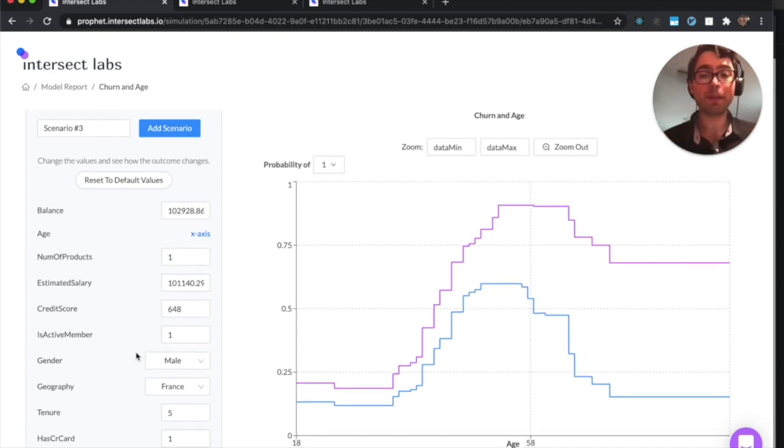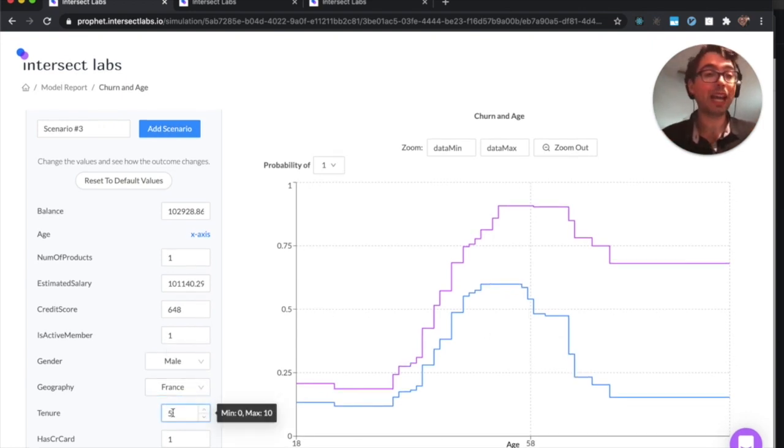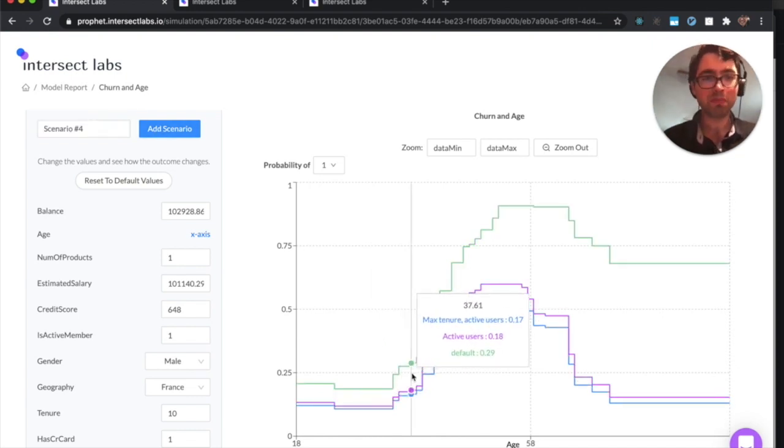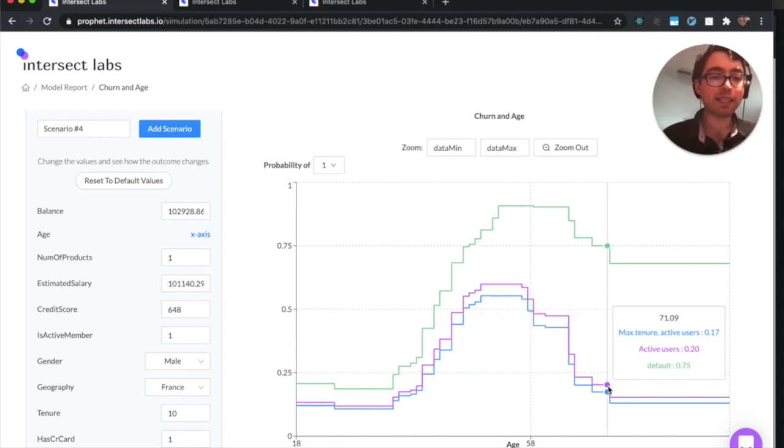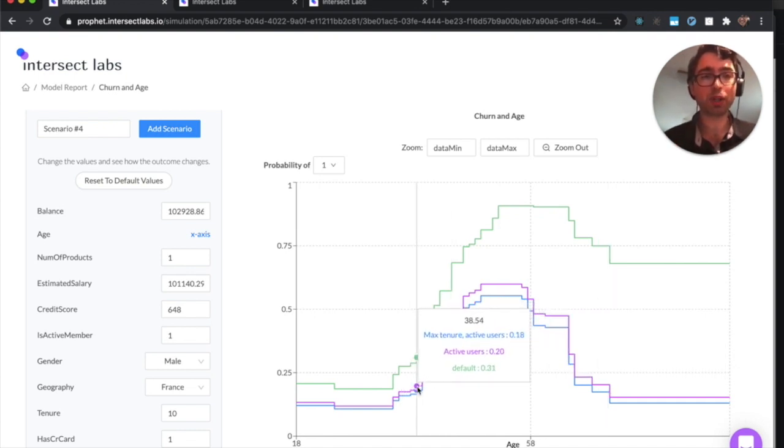For the purpose of this demo, I've already explored a factor called tenure, which has to do with how long customers are spending on the product. If I hike it up to its maximum, I run a new scenario called max tenure active users, I see a fascinating new development. Looking closely, max tenure active users look similar in terms of churn risk to just plain active users with a more typical tenure.